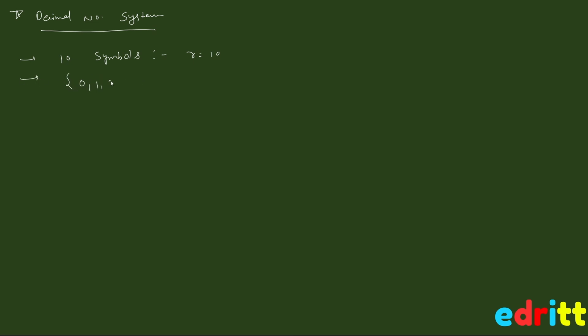These are 0, 1, 2, 3, 4, 5, 6, 7, 8, and 9. Now, see an example. Let's say I'm taking 786. In this case, it has three symbols, where one symbol is 7, another is 8, and another is 6.